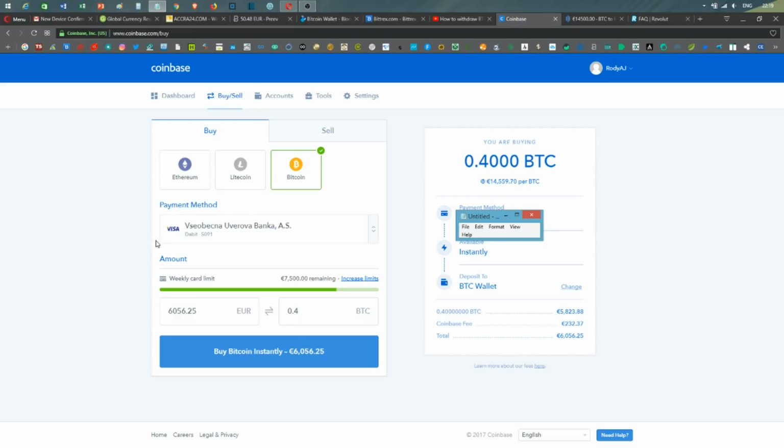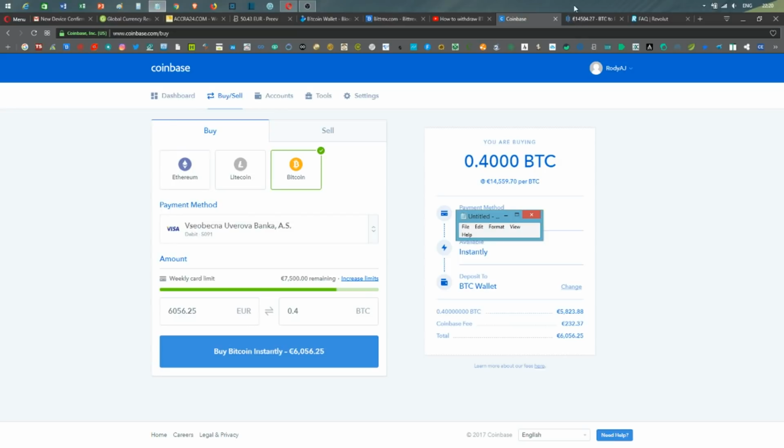And once it is in my euro account or my dollar account, I can then purchase Bitcoin directly on Coinbase. Of course, this is not the process I use. When I have my euro account funded with money, I don't buy Bitcoin on Coinbase.